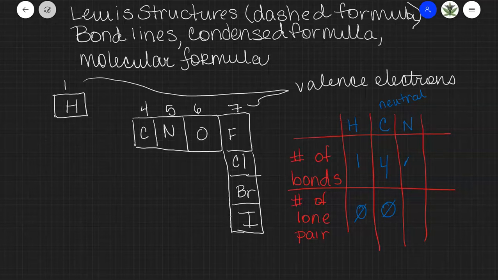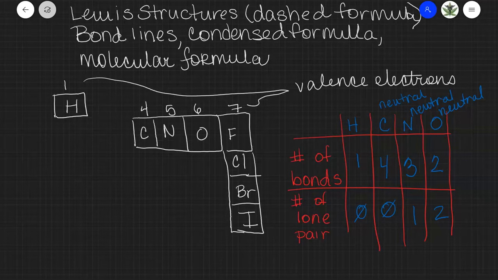Nitrogen likes to have 3 bonds and 1 lone pair. Again, we're talking about a neutral nitrogen. Oxygen likes to have 2 bonds and 2 lone pairs. Again, we're talking about a neutral oxygen.